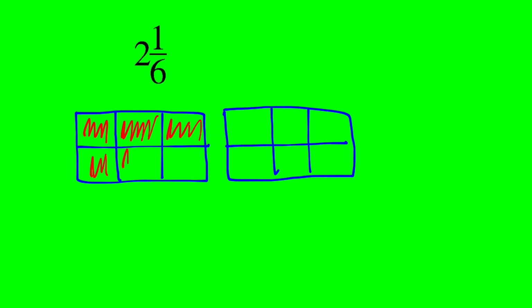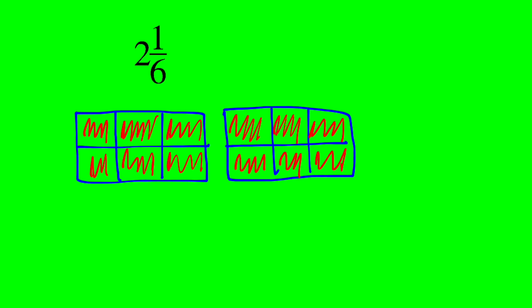So I'll shade in 6 parts out of 6 on this one, and 6 parts out of 6 on this one. Or another way of saying that is 1 whole and 1 whole. That's how we get our 2 wholes.